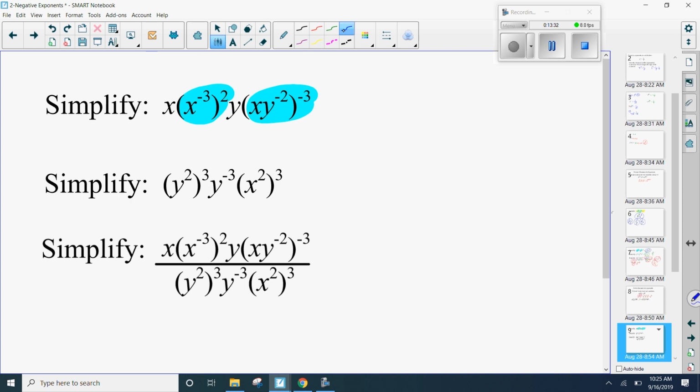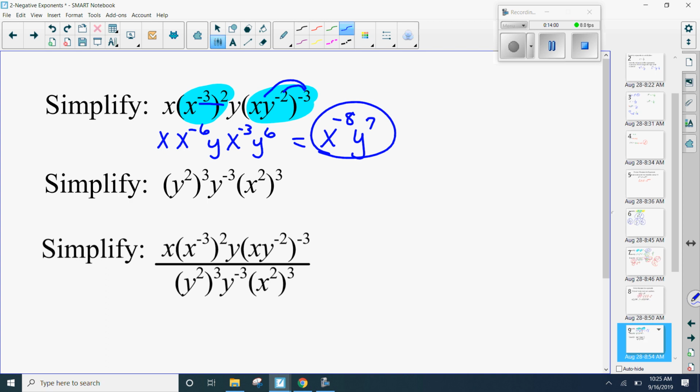If you start with that, you have x. What does this become? X to the negative 6th, because you multiply those exponents together. You have to take the negative 3 and distribute it to both exponents, so you get x to the negative 3rd, y to the 6th. Now add your exponents together, and you end up with x to the negative 8, y to the 7th. Is there a question on that one, or you see where each one of those values comes from?